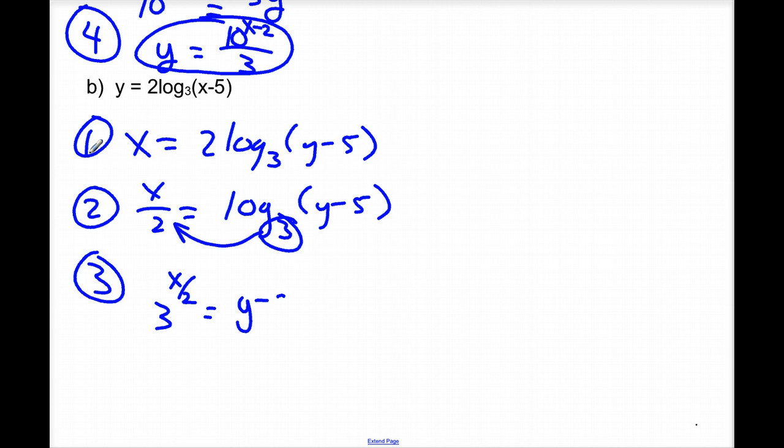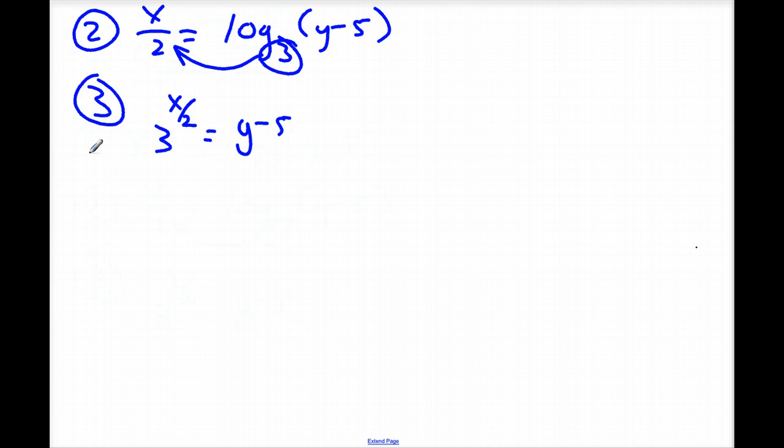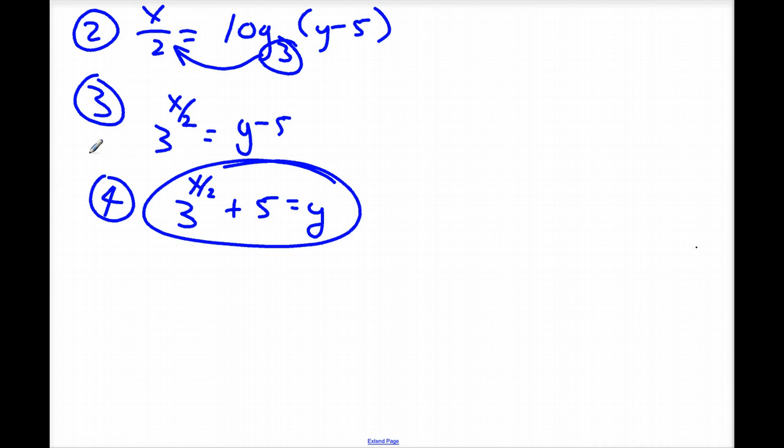Equals my neighbor's house. Notice how the y minus 5 was all part of the log on this one because it was in parentheses. And then finally get the y alone by adding 5 at the end. That's finding an inverse. One last thing we need to do is graph.